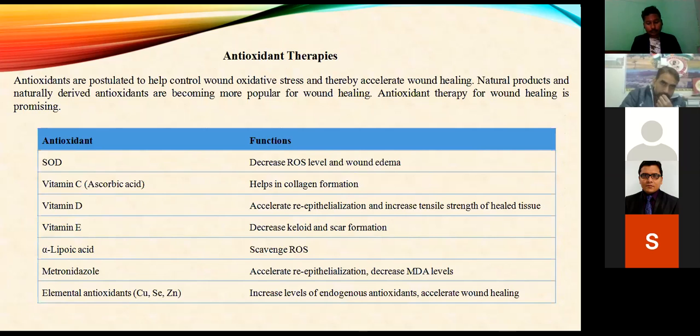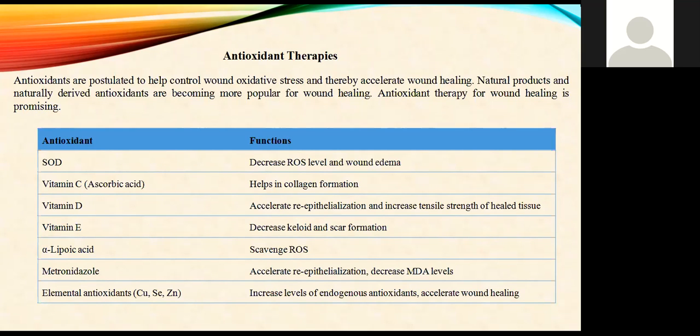The second one is antioxidant therapy. Some antioxidants can be phytochemicals or normal endogenous molecules like SOD and catalase, which can be used to proceed with or accelerate the wound healing process, or they can be a promising therapy for wound healing.